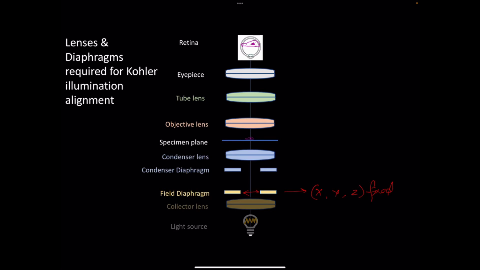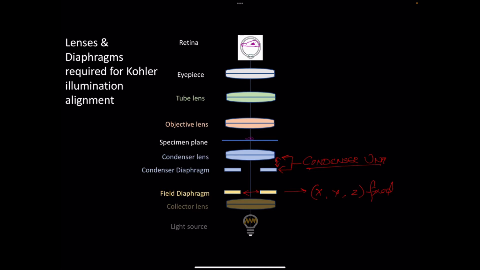The condenser diaphragm, which follows the field diaphragm, is also fixed in its position, such that it is fixed along with the condenser lens. These two parts of the microscope together form a condenser unit. This condenser unit is fixed relative to each other, which means the distance between the two is fixed.